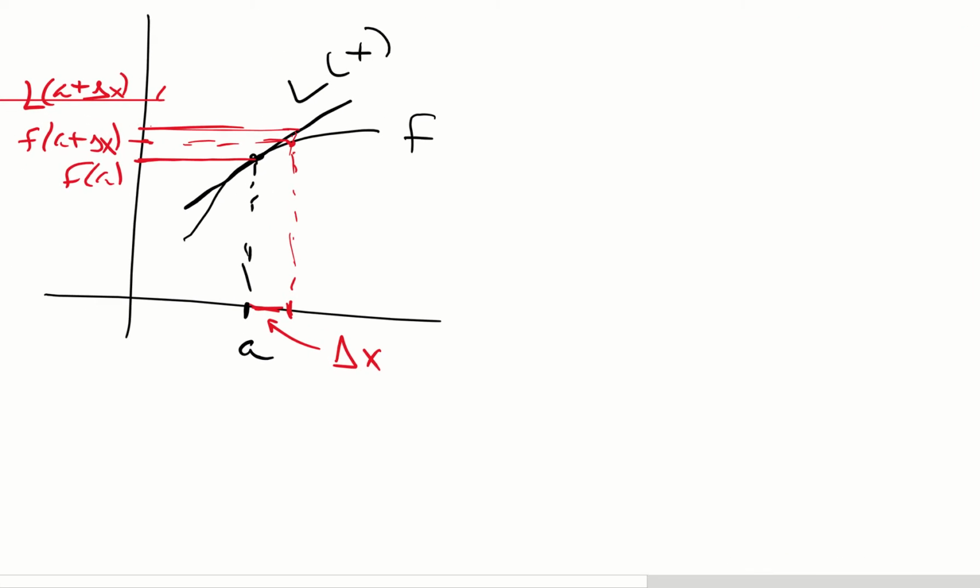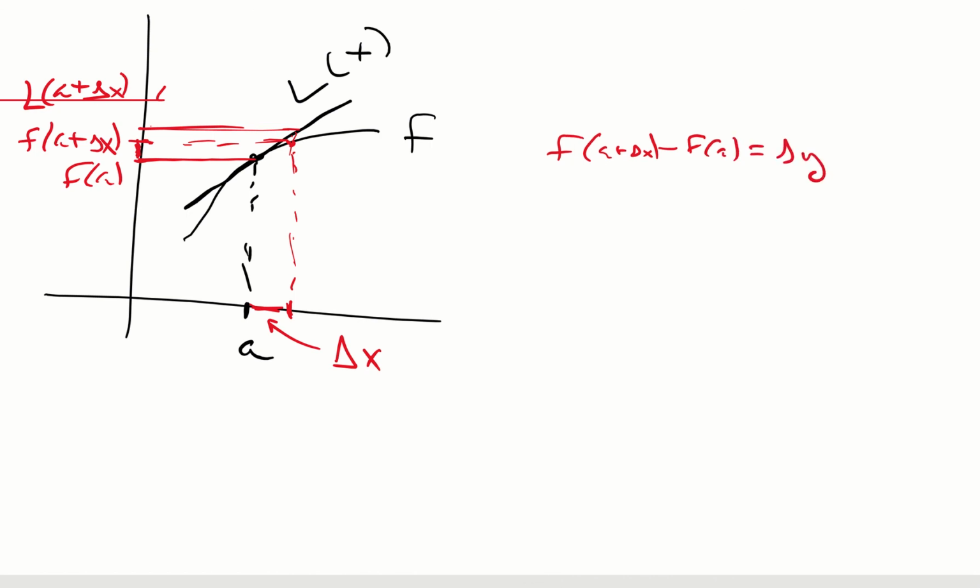So it's larger. Okay. Well, this change right here, that's the actual difference in the function values. That is f of a plus delta x minus f of a. And we call that delta y.